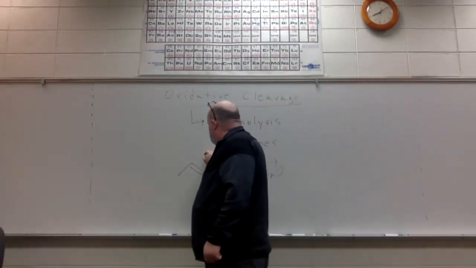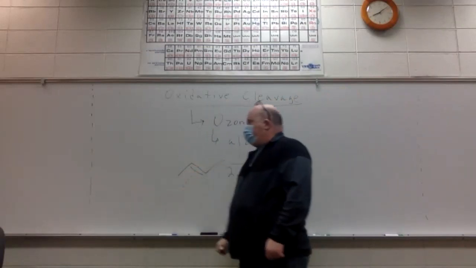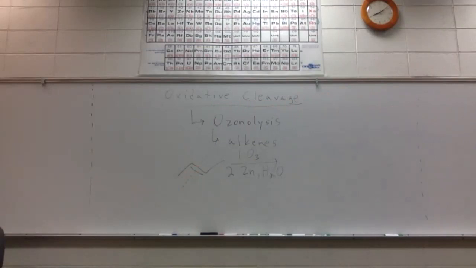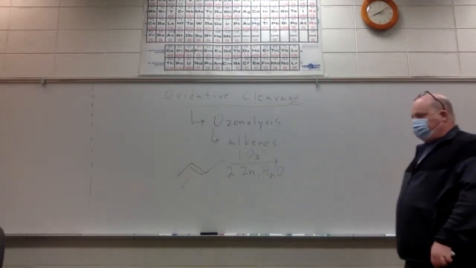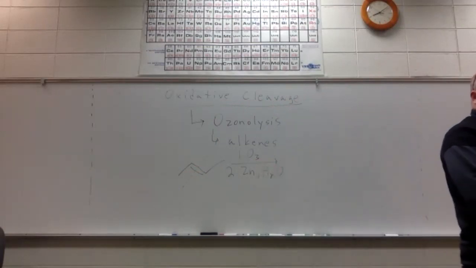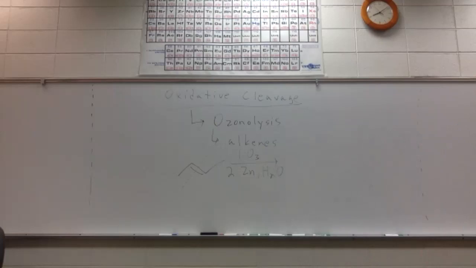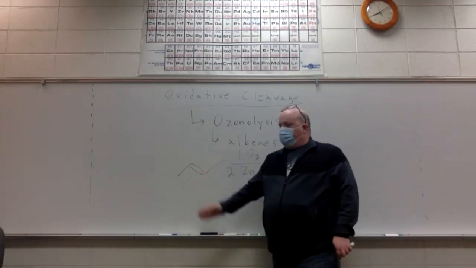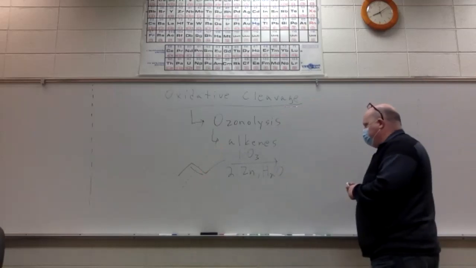You're always going to target that double bond. You're going to cleave it right between the carbons of the double bond. So in this case, you have a 4-carbon alkene with the double bond in the middle. You're going to cleave it into two 2-carbon fragments.